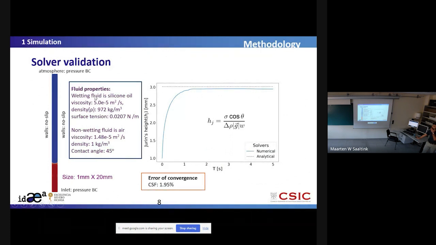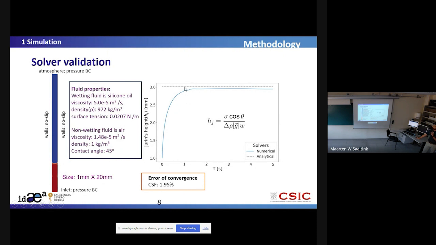This fluid is also known as silicone oil. What we see in this plot is time on the x-axis and the height on the y-axis. We try to plot the evolution of this liquid rising just because of capillary force.